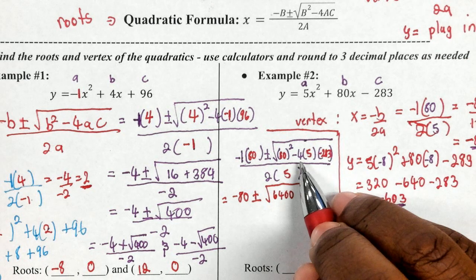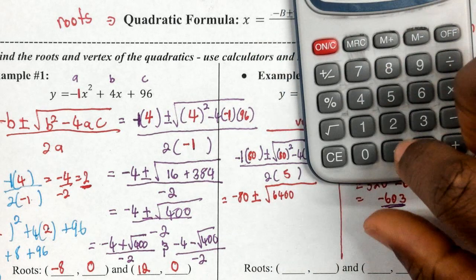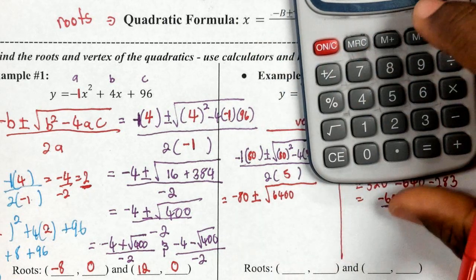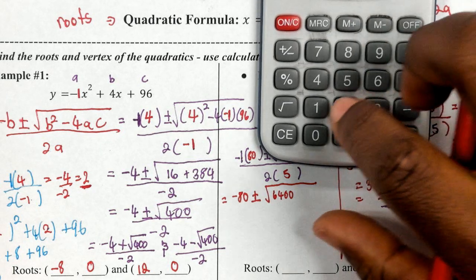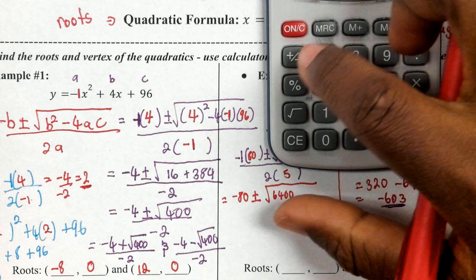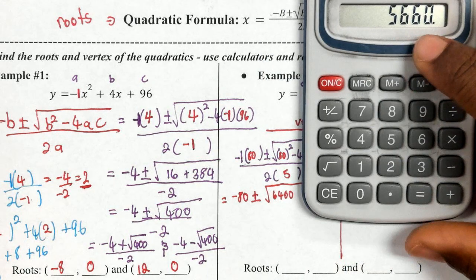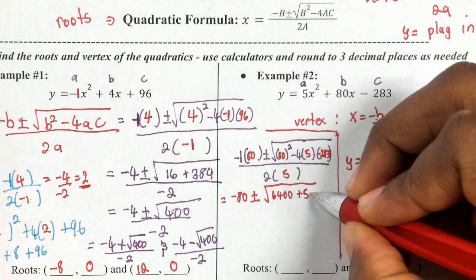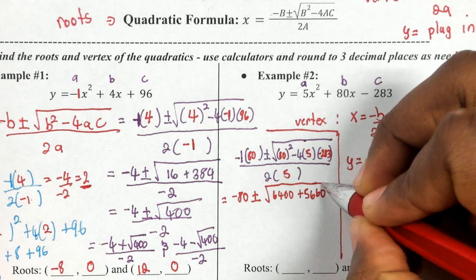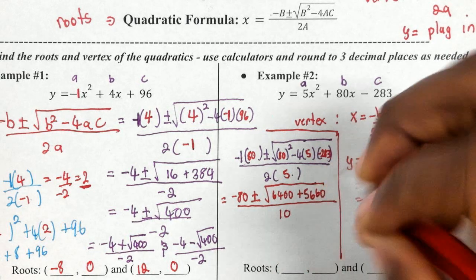Now I'm going to multiply here. Negative 4 times 5 is negative 20. Negative 20 multiplied by negative 283 gives me positive 5,660. All over 2 times 5 is 10.